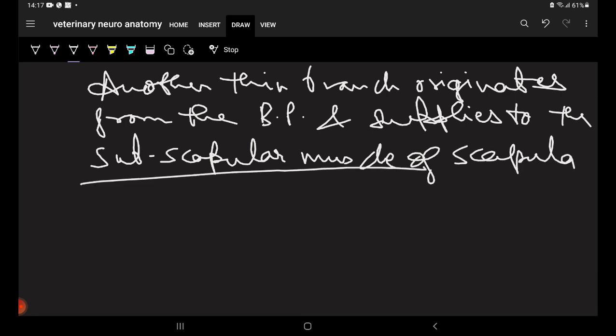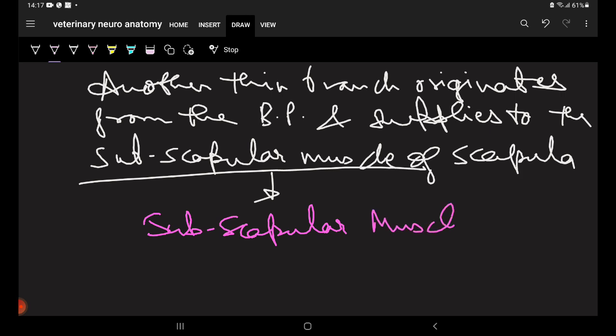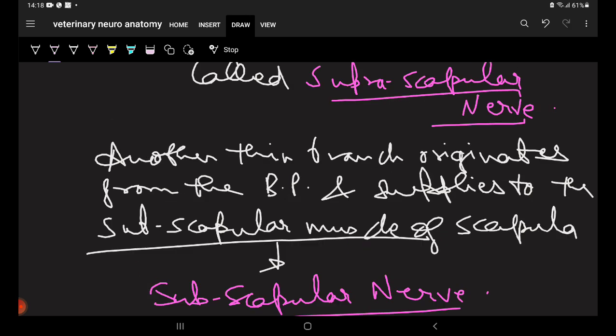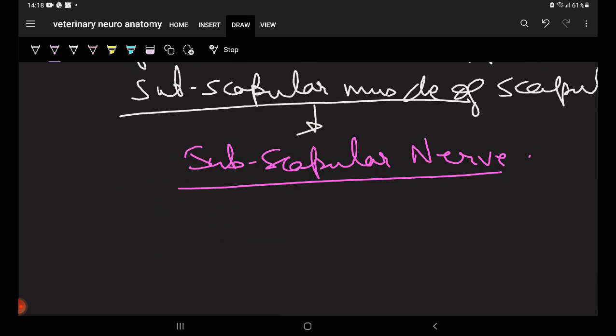So this is called subscapular nerve. Okay. So these two are done, suprascapular and subscapular. So the first two branches are done, that is two scapular nerves.